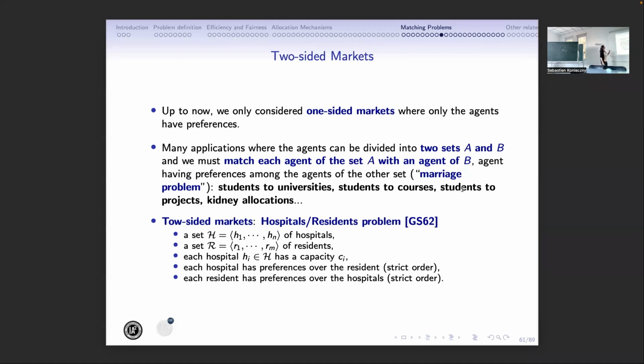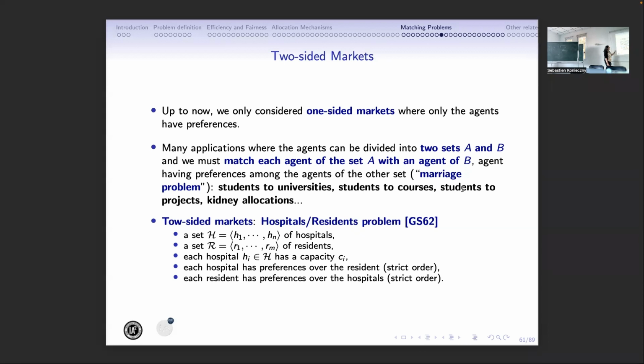So we will talk about the hospital resident problem to formalize it. We have a first set of agents, which are the hospitals. We have a set of residents, which are the second set of agents. You can see that the sizes of the sets may be different.